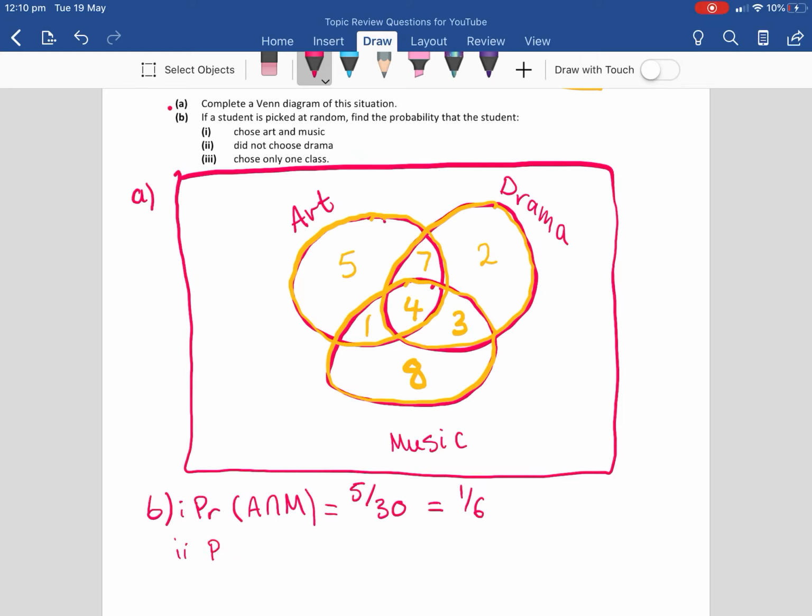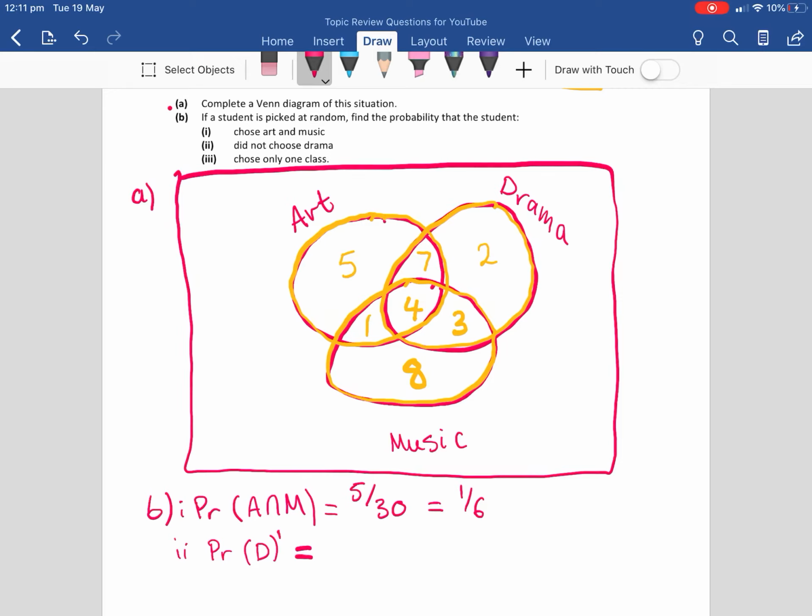Next one, it says find the probability that they did not choose drama. Remember, if you put a little dash here, that means not drama. Remember those complement events that we looked at?